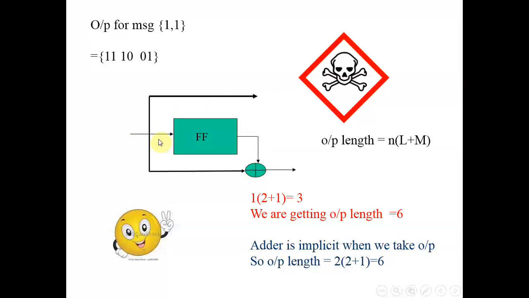So we say that there are two generating functions, or in terms of convolution we say that there are two impulse responses, one for the upper branch, one for the lower branch. So you have one generating function which will map input to the first output, and another generating function which will map input to the second output. So number of inputs into number of outputs will be total generating functions. Here number of inputs is 1, number of outputs is 2. So 1 into 2, total 2 generating functions.